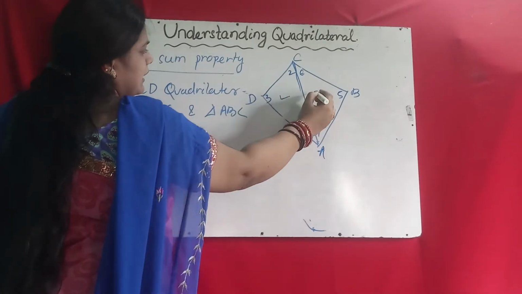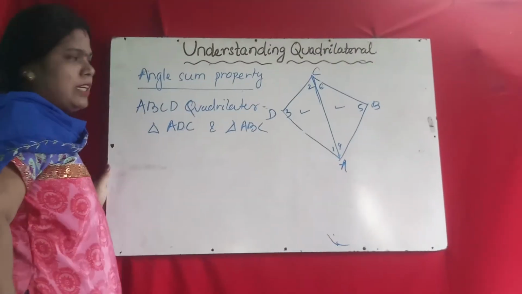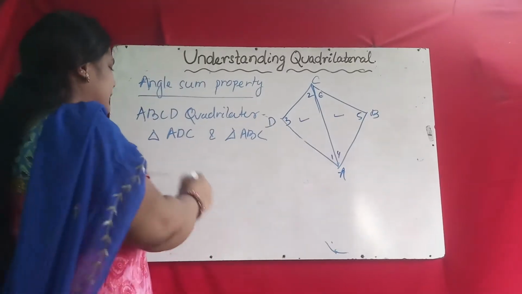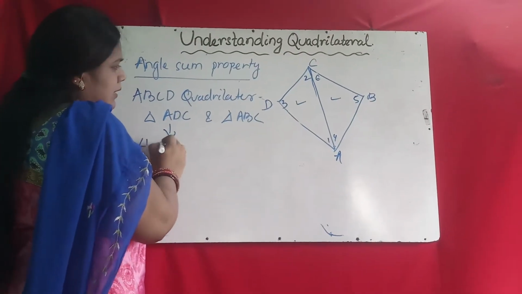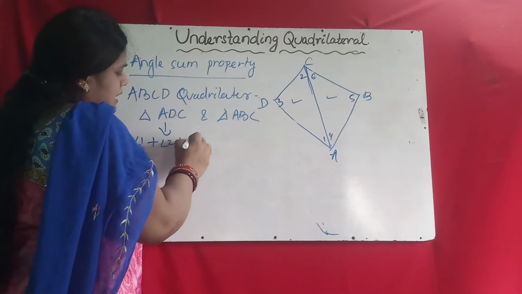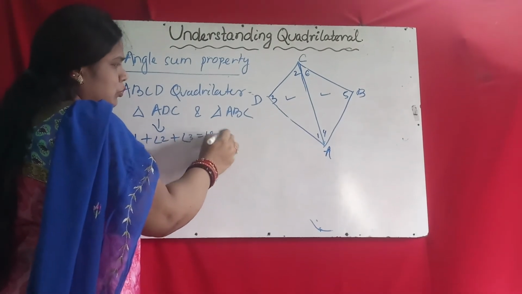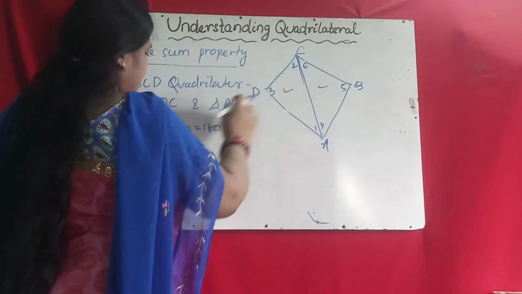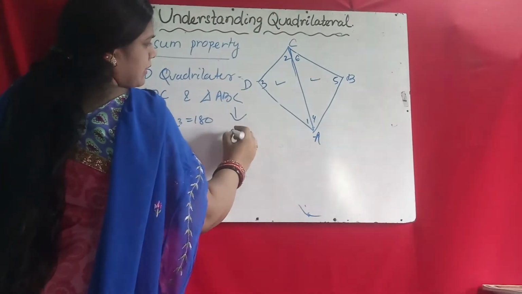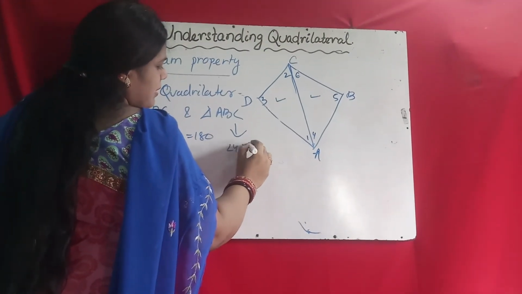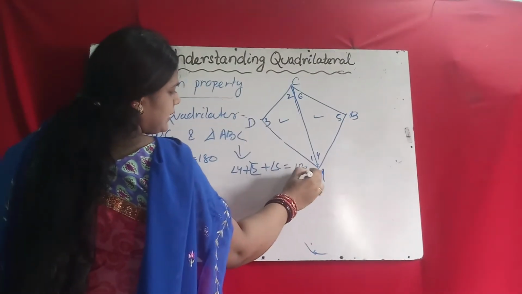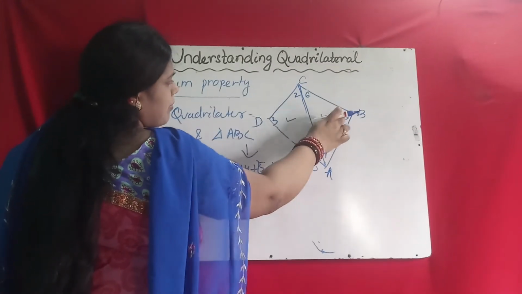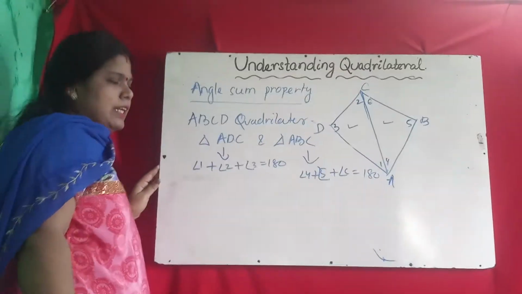In triangle ADC, angle 1 plus angle 2 plus angle 3 equals 180 degrees. In triangle ABC, angle 4 plus angle 5 plus angle 6 equals 180 degrees. This is another triangle, 4, 5, 6, 180 degrees.